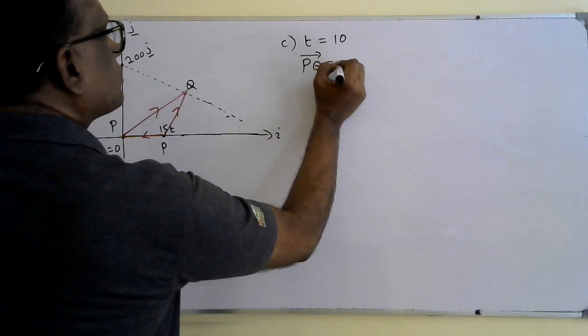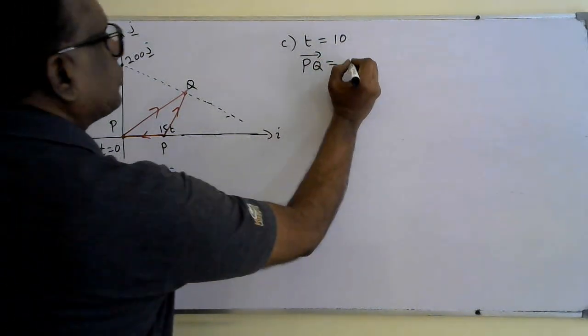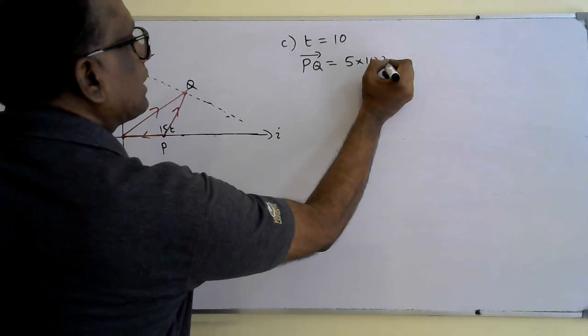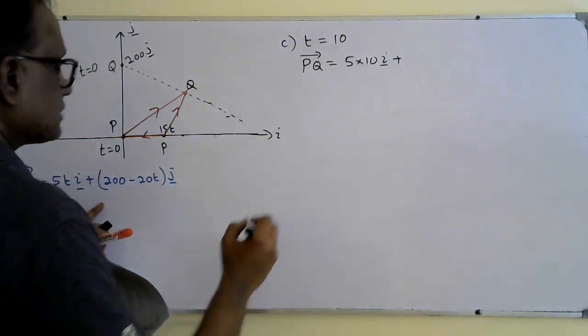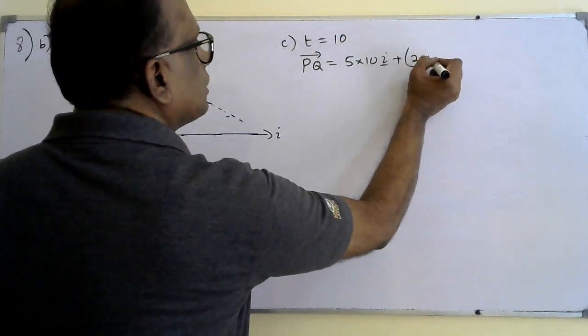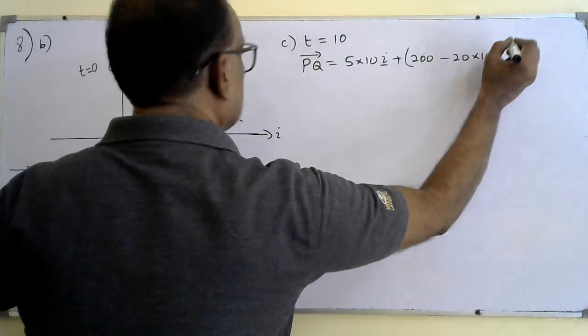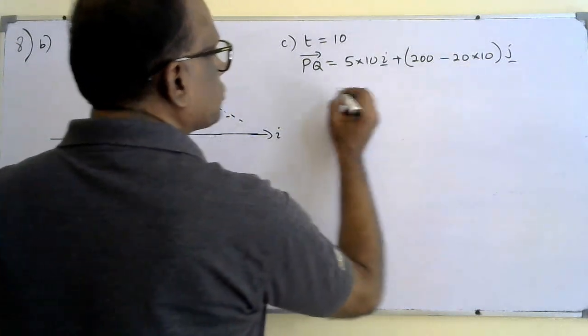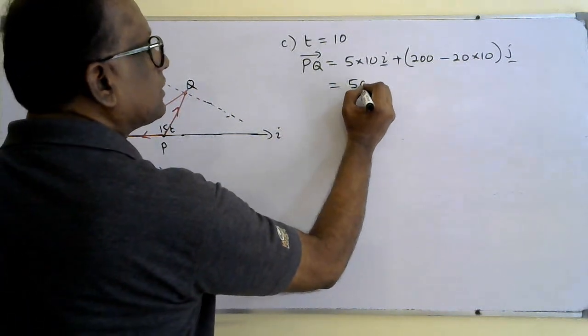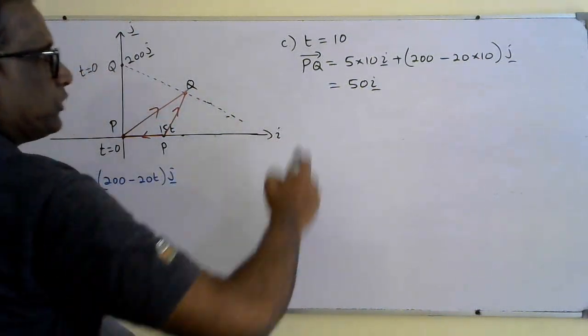Substitute 10 here: 5 into 10i plus (200 minus 20 into 10)j. So it's going to be 50i. So vector PQ is 50i.